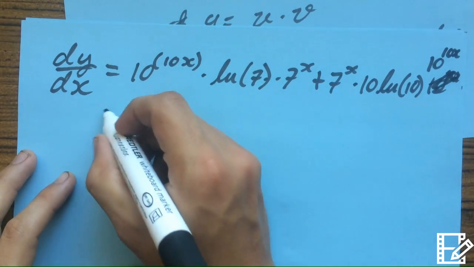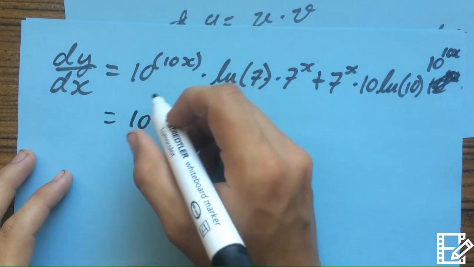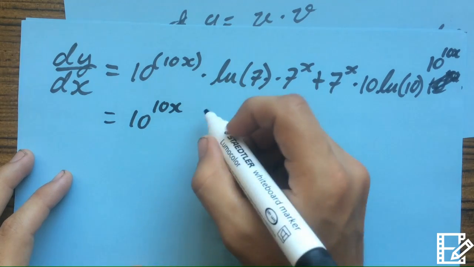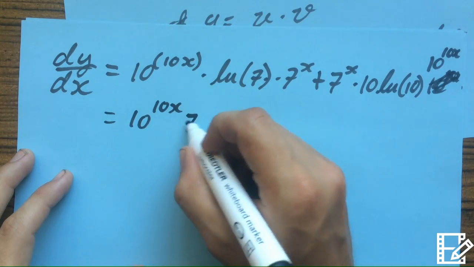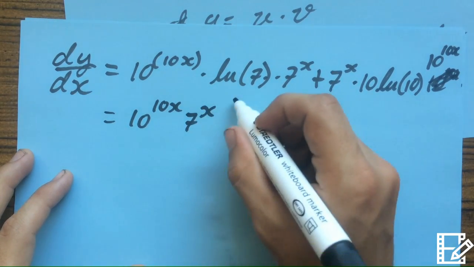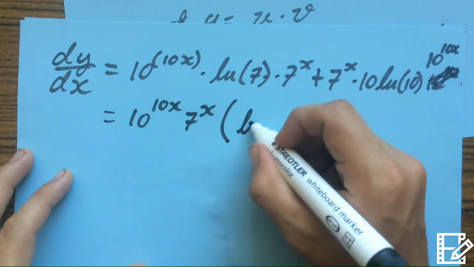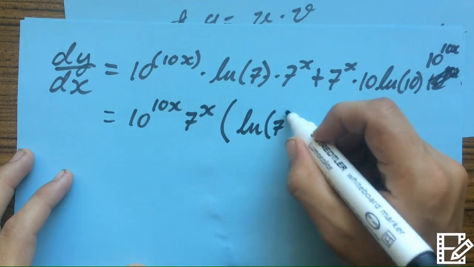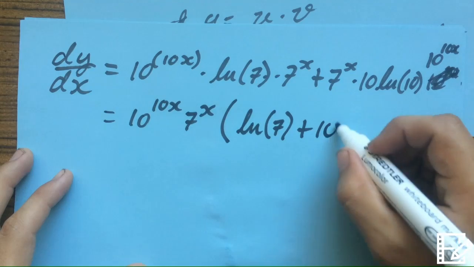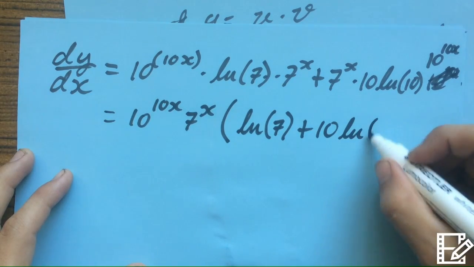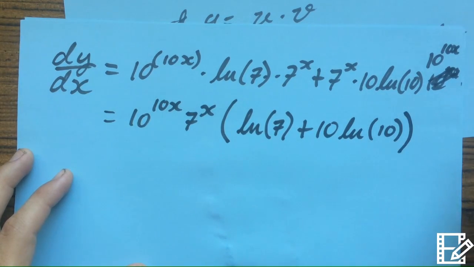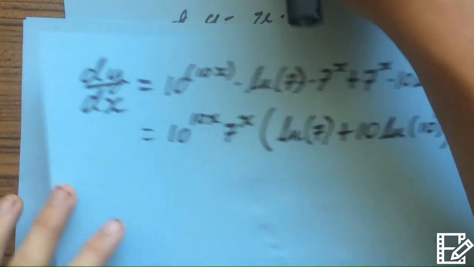So we'll factor them out: 10 to the power of 10x multiplied by 7 to the power of x, bracket, ln 7 plus 10 ln 10.